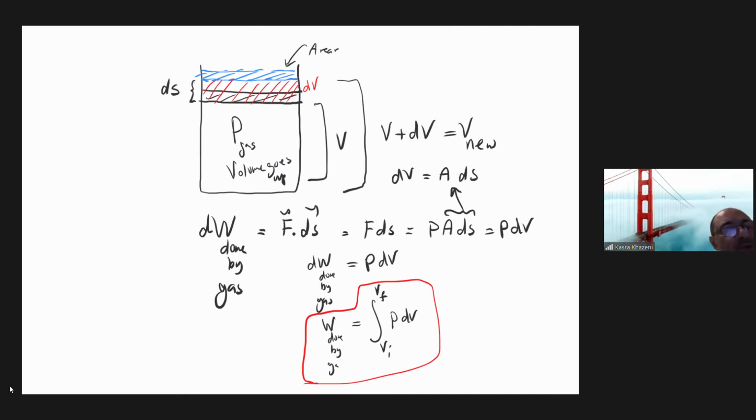So we just derived for gases the amount of work done when the gas changes from initial volume to final volume. And we did this directly from F dotted with the displacement, the direct definition of work, but now applied to gases.